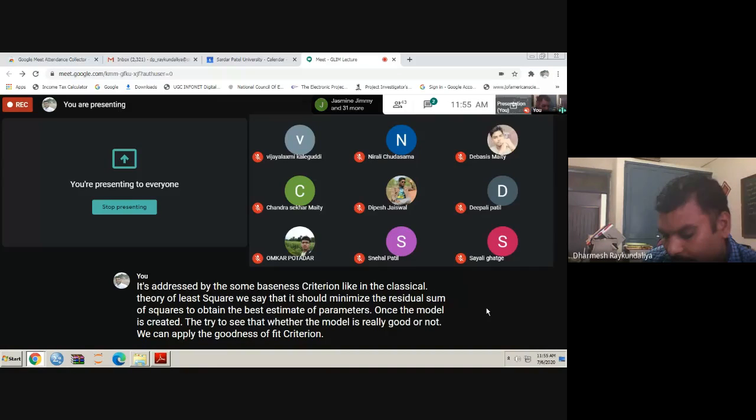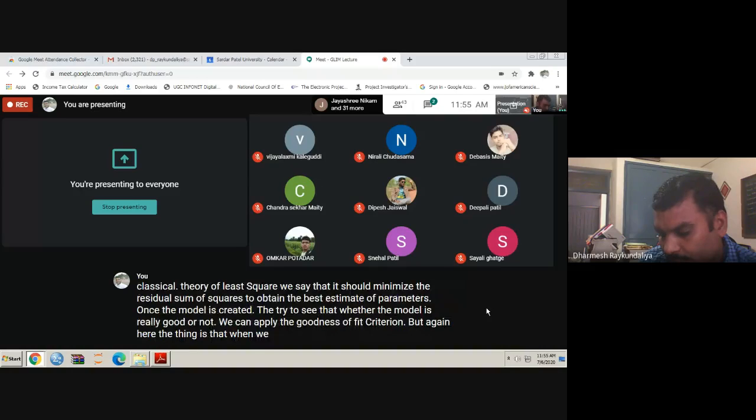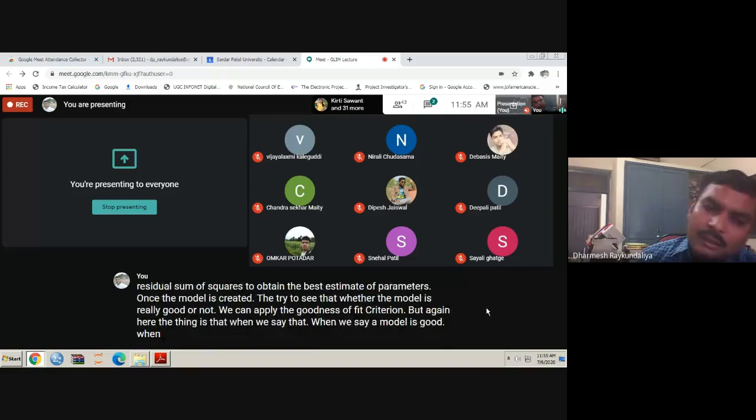But again, when we say the model is good, we mean the model value is very close to the observed value.